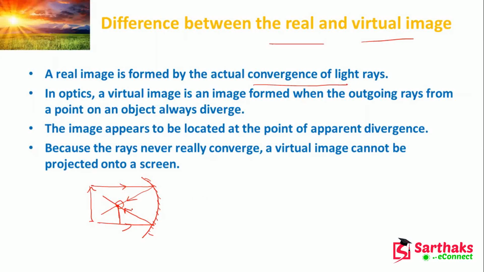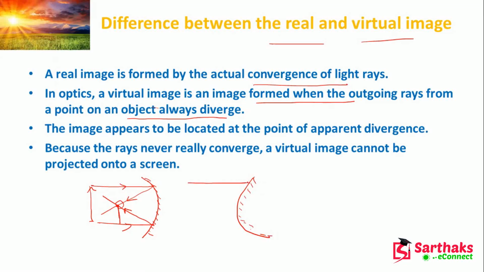Now in optics, a virtual image is an image formed when the outgoing rays from a point on the object always diverge. In the other form that you have seen already, suppose this is the mirror.